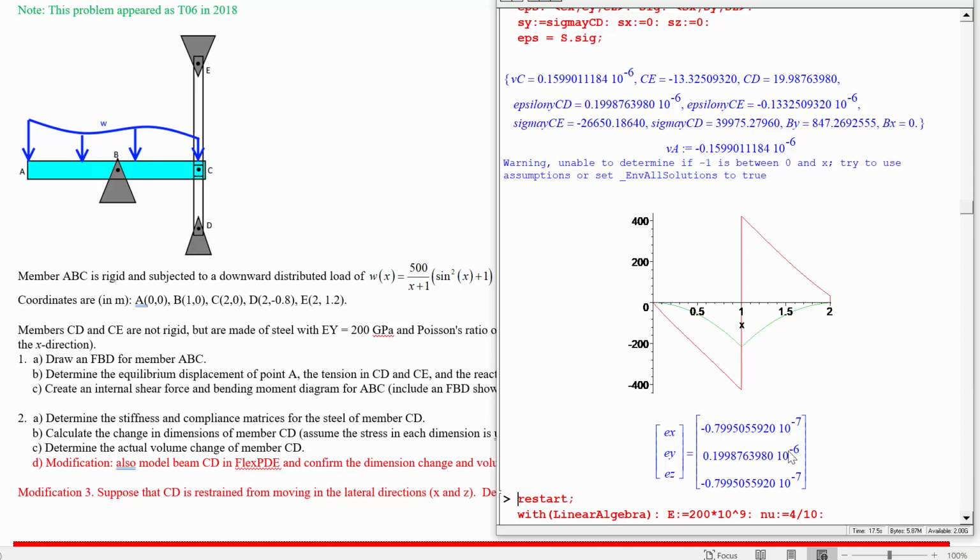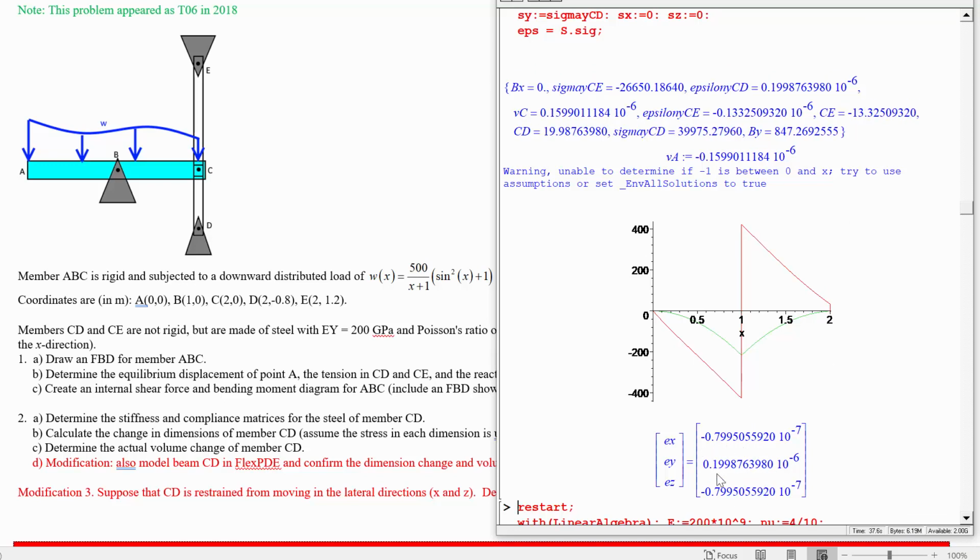And indeed, that is the same thing. And we've got a smaller one that's equal in the other two dimensions, right? So through the Poisson's ratio, negative Poisson's ratio times this will give you what the strain is in the other two dimensions. So that's the strains, but that's not quite the change in dimensions.